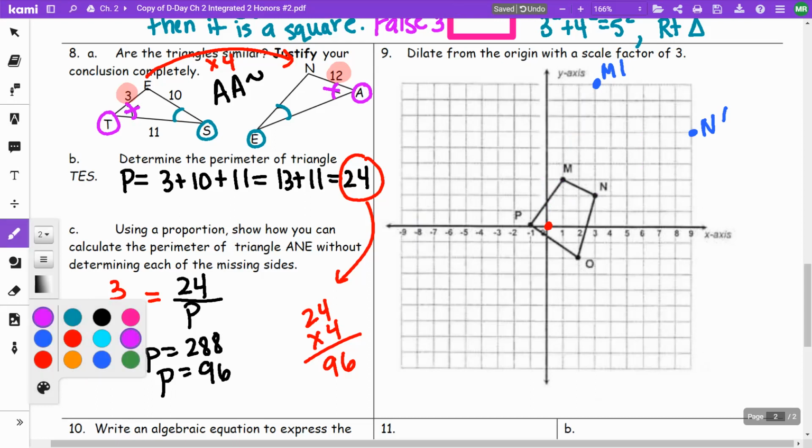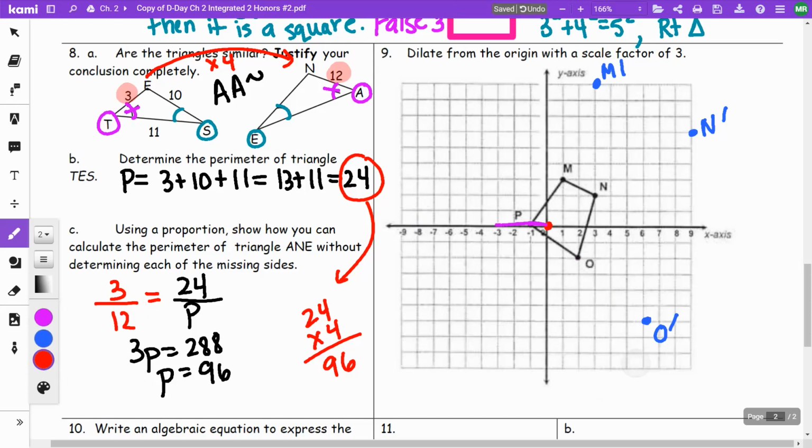For O, I'm going down 2 over 2, down 2 over 2, down 2 over 2. And that is O prime. And then going to P, I went over 1. So I'm going to go over 1, 2, 3.